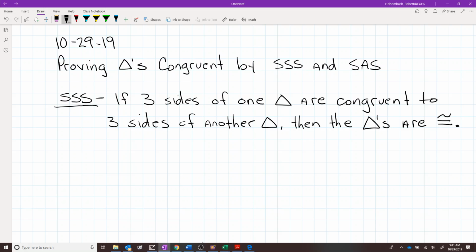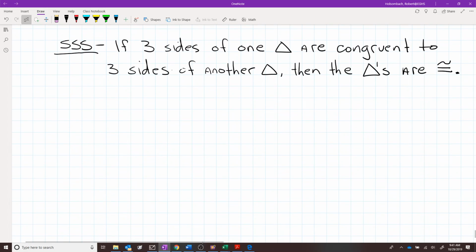Side, side, side congruence. If three sides of one triangle are congruent to three sides of another triangle, then the triangles are congruent. So we talked about this yesterday.